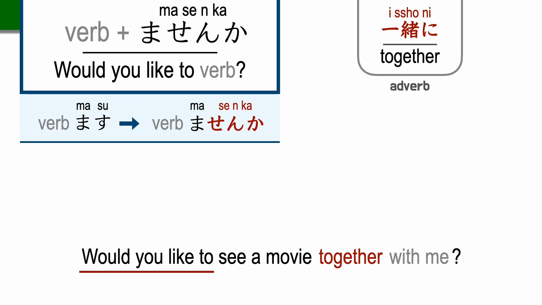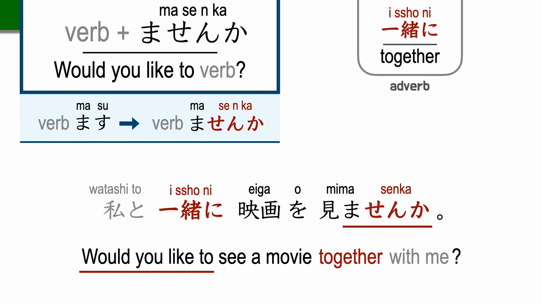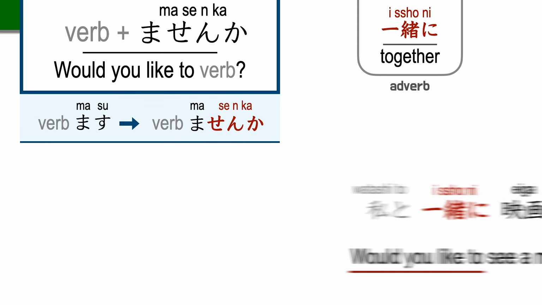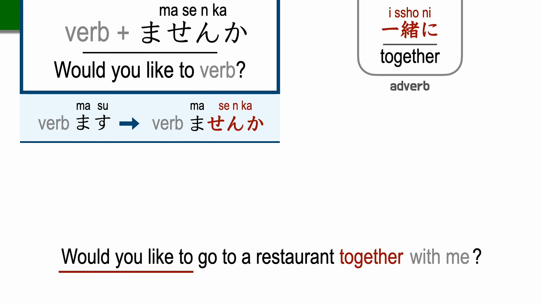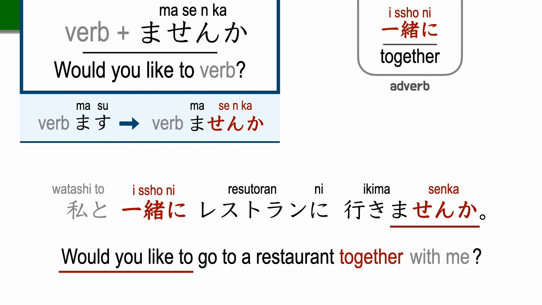Would you like to see a movie together? 一緒に映画を見ませんか? Would you like to go to a restaurant together with me? 一緒にレストランに行きませんか?